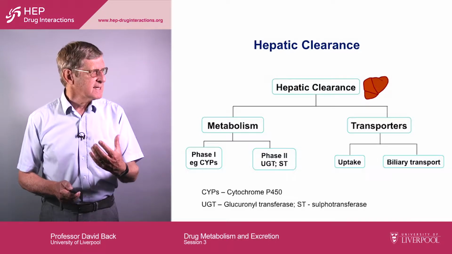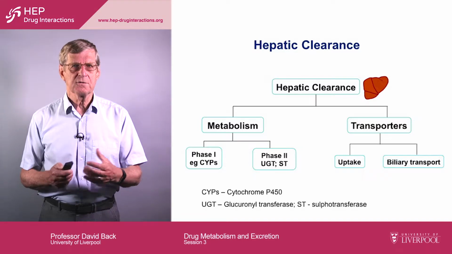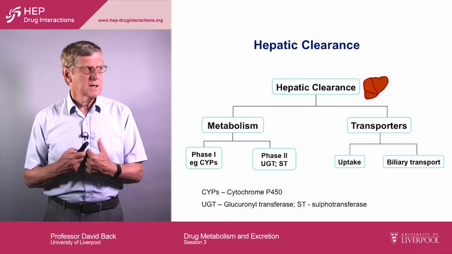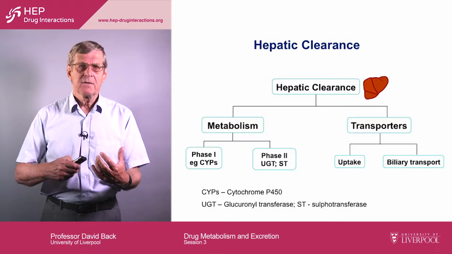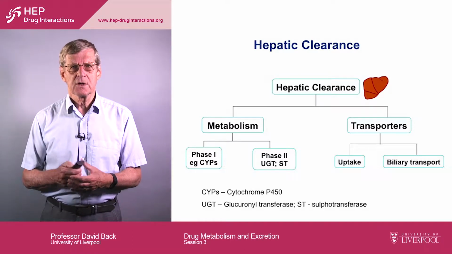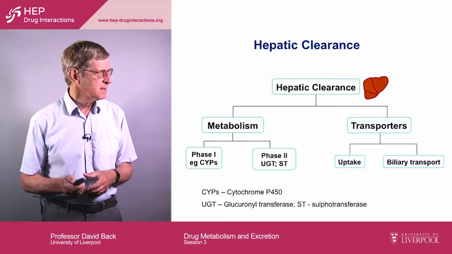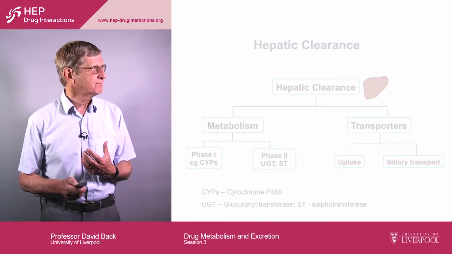Phase 2 is by enzymes such as UGT, which is glucuronosyltransferase, or sulfotransferase. In transport, we have to think about the uptake of the drug into the liver and then the output from the liver primarily through the biliary transport mechanism into the gallbladder and then back into the intestine. So these are the mechanisms that we have to focus our attention on.